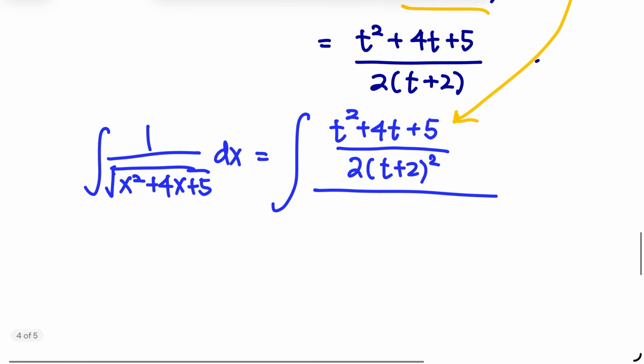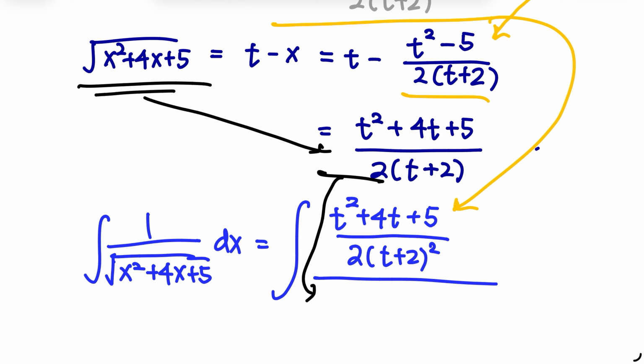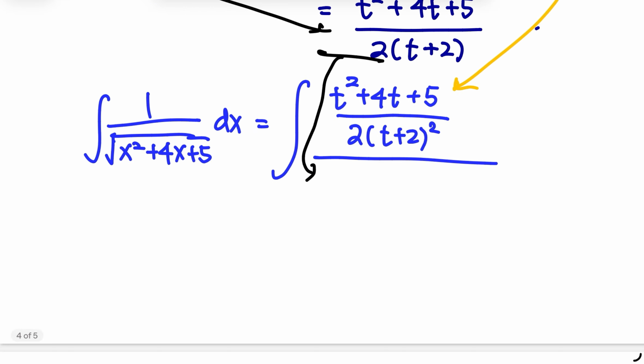And let's change the quadratic into the denominator. So let's evaluate. It is again (t squared plus 4t plus 5) over (2t plus 4) dt.